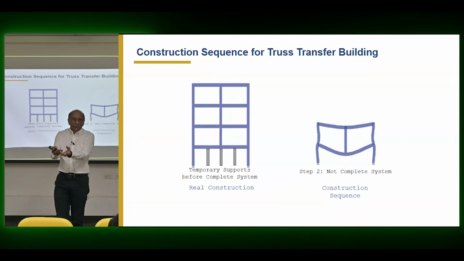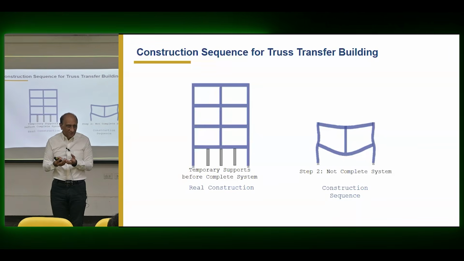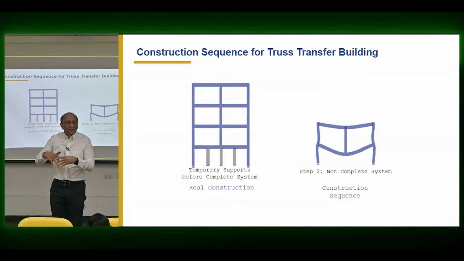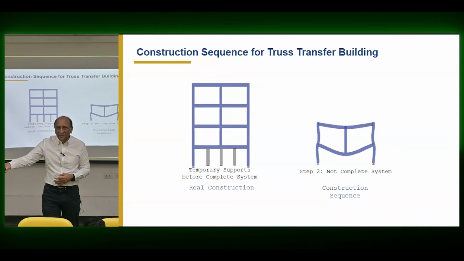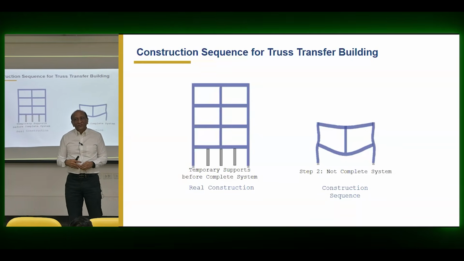Because if you remove those props after the whole building is complete, then it's a single stage analysis. But if you remove the props after you construct the girder, it's a construction sequence, different result. If you remove them after 2 stories, another result. So the sequence of propping and unpropping of a structure will change the results.